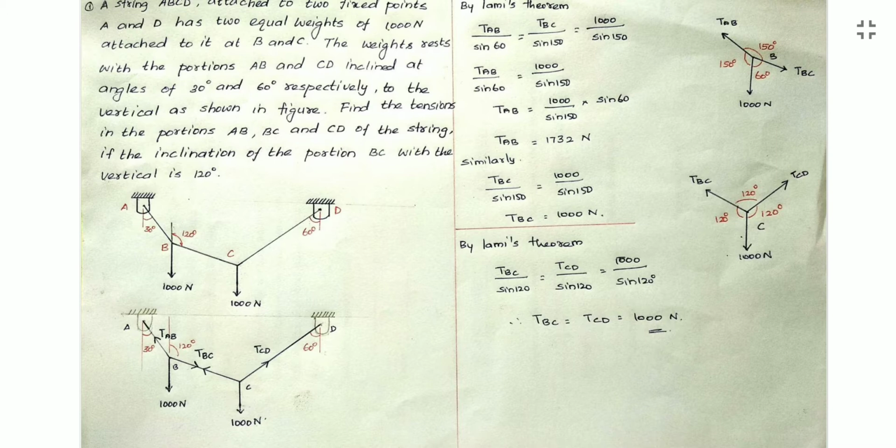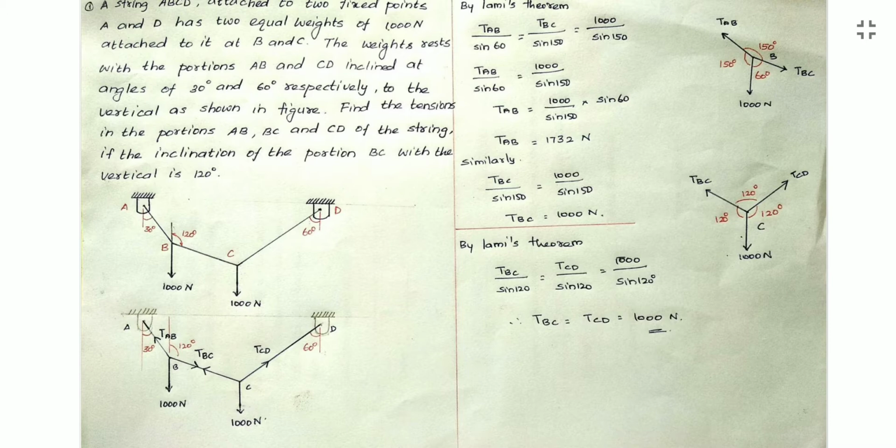Lami's theorem means each force is proportional to the sine of the angle between the other two forces. Considering TAB, the angle between the other two forces is 60 degrees.